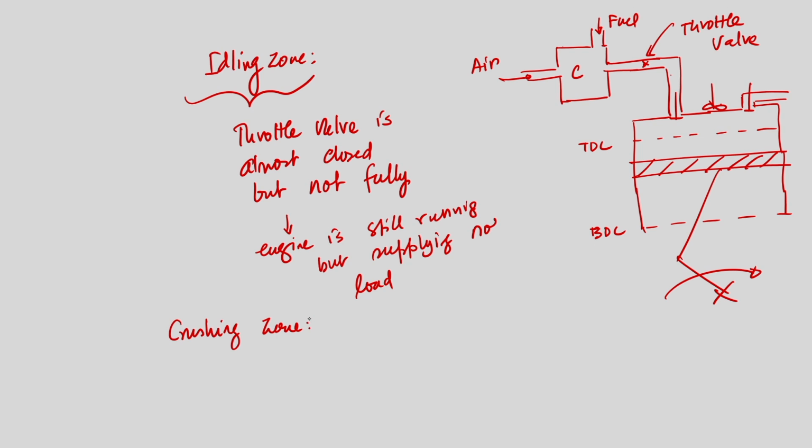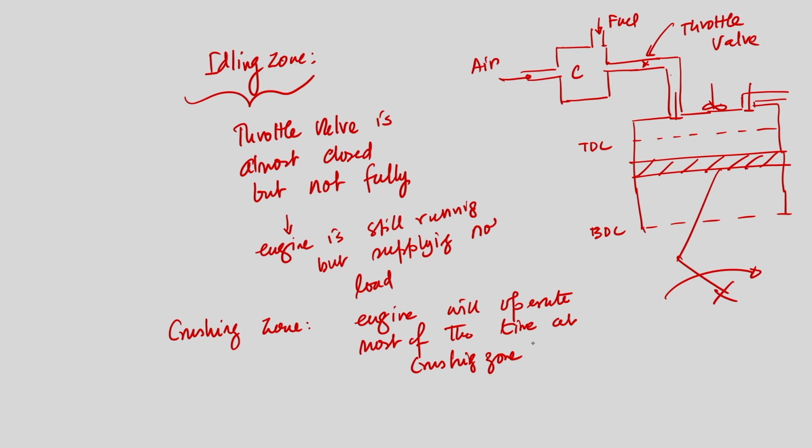Cruising zone. The engine will operate most of the time in the cruising zone. So, this is the cruising zone, most of the time the engine should operate in this cruising zone. And what about the power zone?